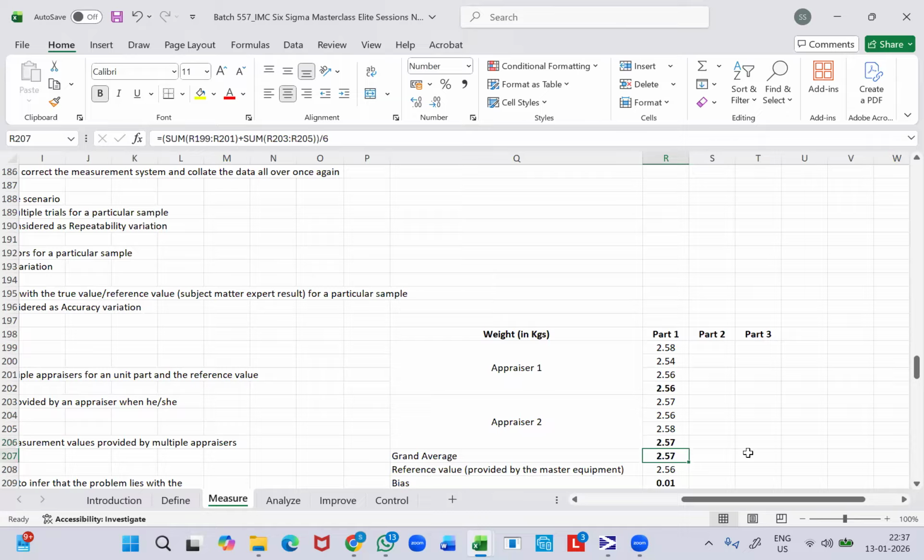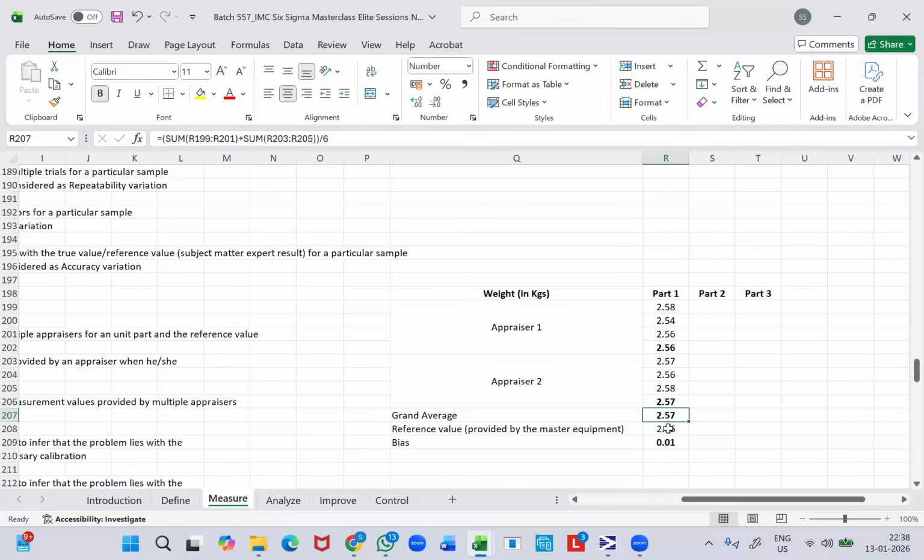And I've also come up with the grand average. Grand average is nothing but the average of all the 6 measurement values provided by both the appraisers put together. Appraiser 1 has given 3 measurement values, appraiser 2 has also given 3, so all 6 measurement values put together have been considered for the grand average, right?